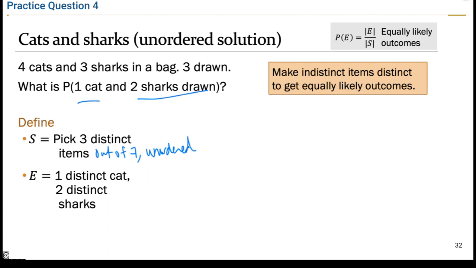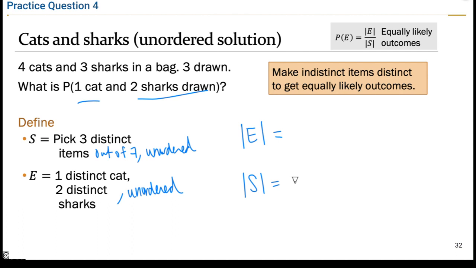And my event is that I pick 1 distinct cat, 2 distinct sharks, again, unordered. Okay, then my probability of this whole thing happening is going to be the number of outcomes in E over the number of outcomes in S.